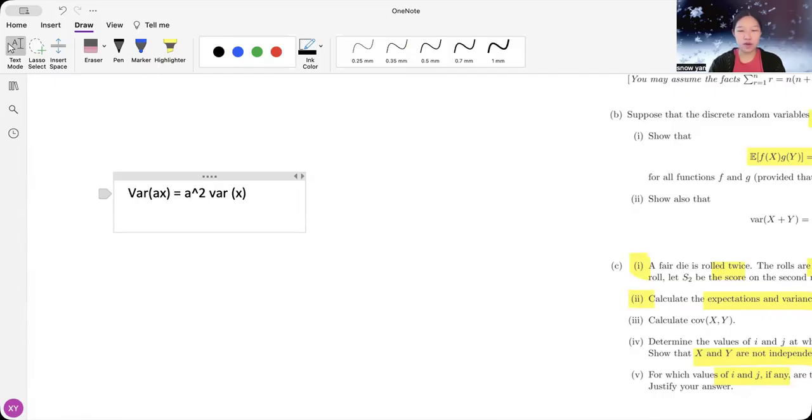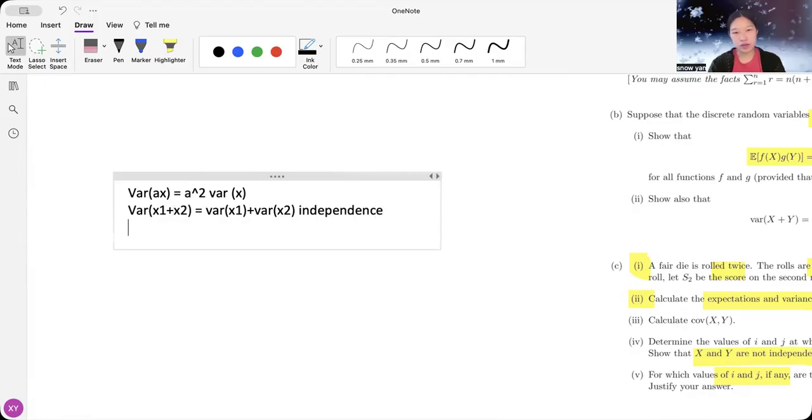And it's the same if I have the variance of x1 plus x2. I know that in this case it was equal to the variance of x1 plus the variance of x2, because of independence, right? Because that was the kind of equation.